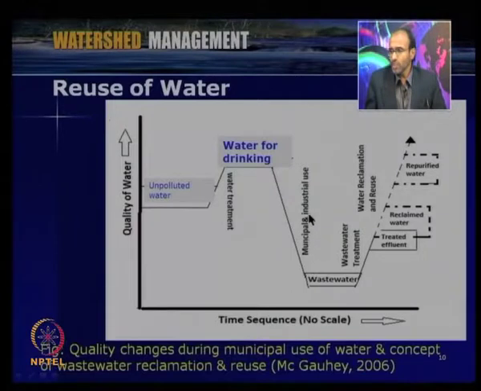As for municipal and industrial use, the wastewater comes out directly, and we can treat it appropriately, and then water reclamation or recycling and further reuse are possible. After wastewater treatment, we can reclaim the treated effluent, repurify and further utilize it. So, this shows the quality changes during municipal use of water and the concept of wastewater reclamation and reuse, as given by McGuhay in 2006.